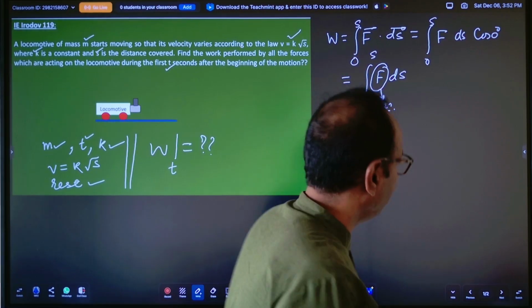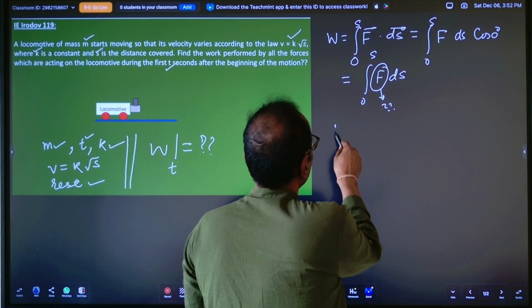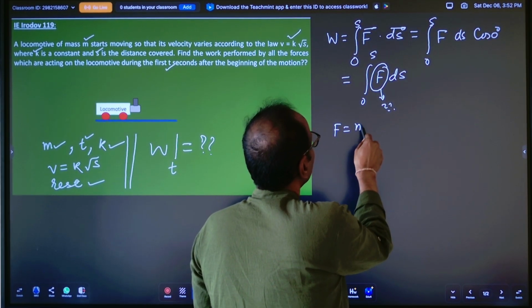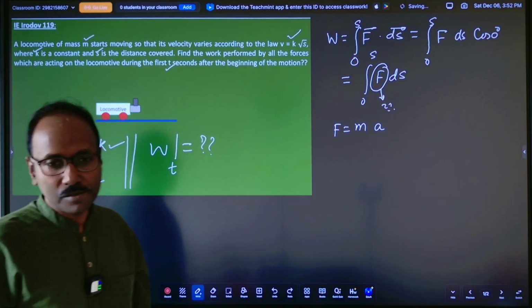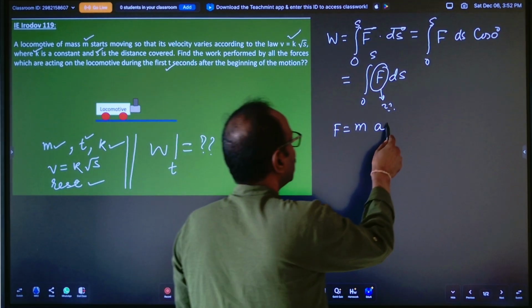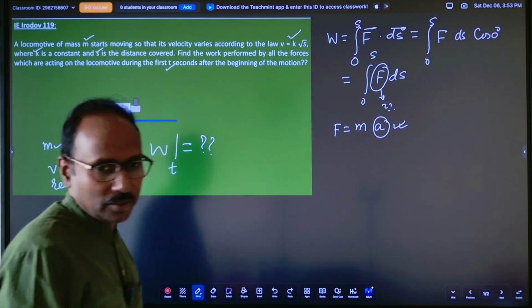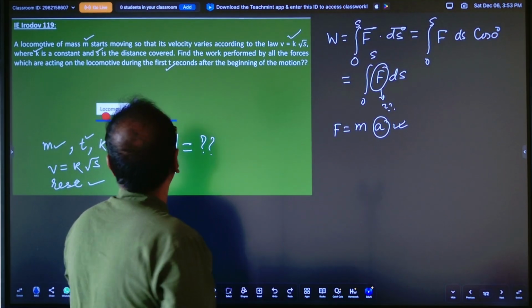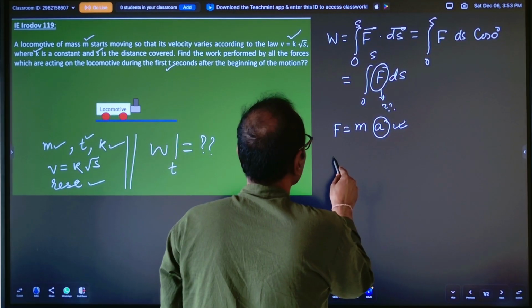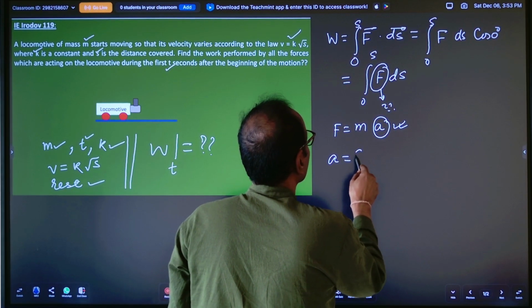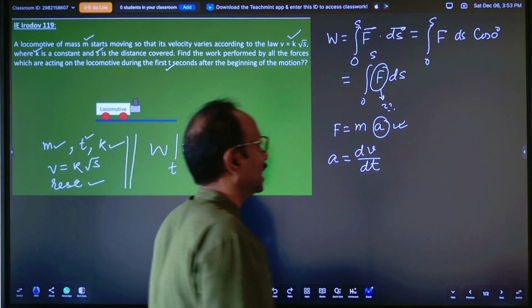How to find f? f is mass into acceleration. So if we are able to find this a, then our force will be known. So we need to know this acceleration. Acceleration is nothing but rate of change of velocity with respect to time, dv by dt.